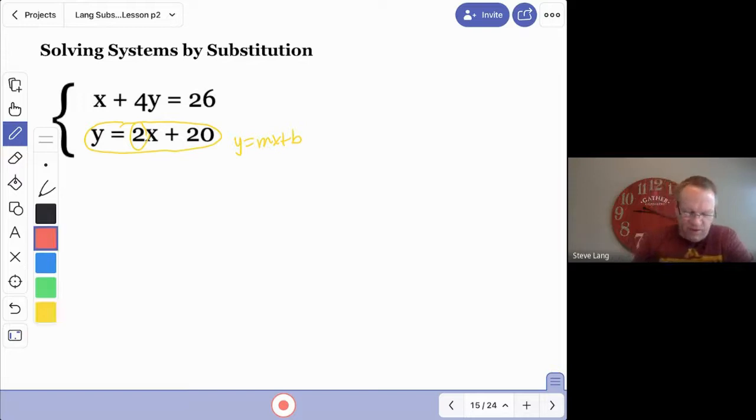The x and the y are on the same side of the equal sign. This format is actually called standard form, okay, when they put the x and the y terms on the same side of the equal sign.